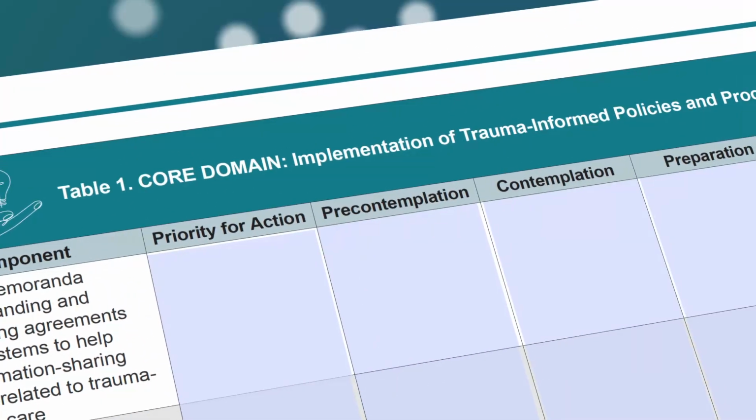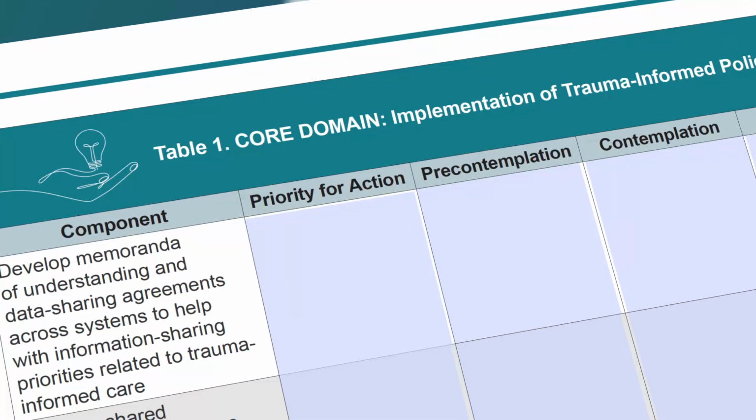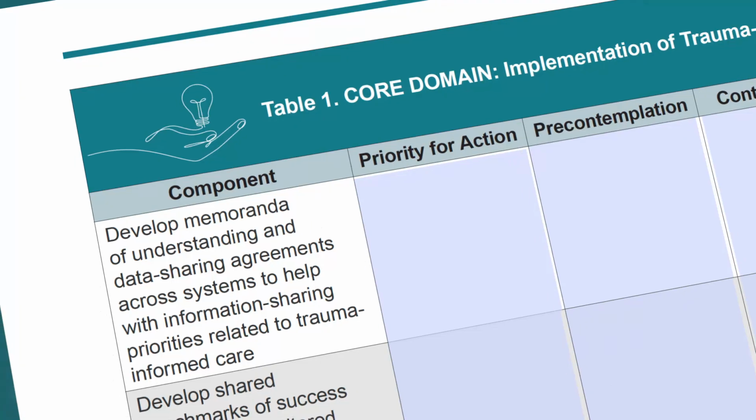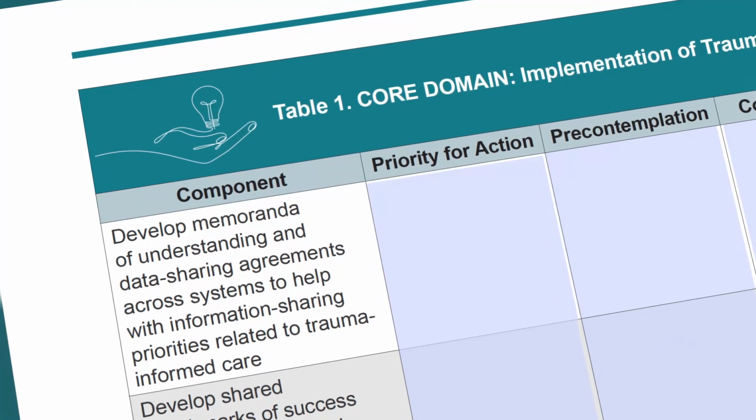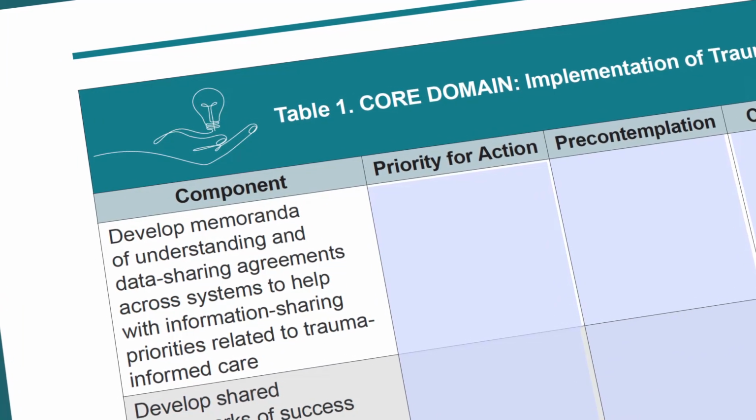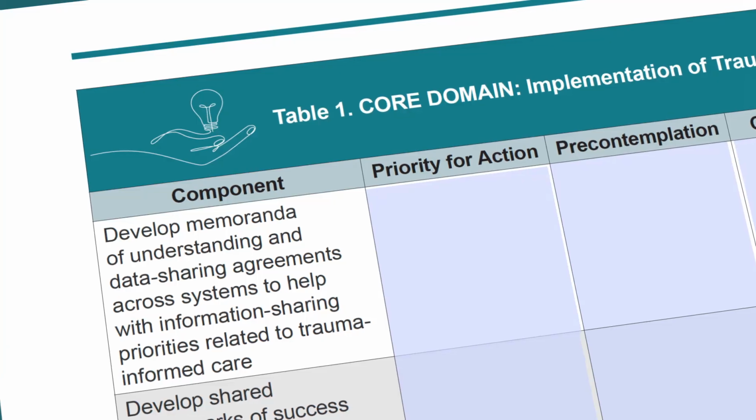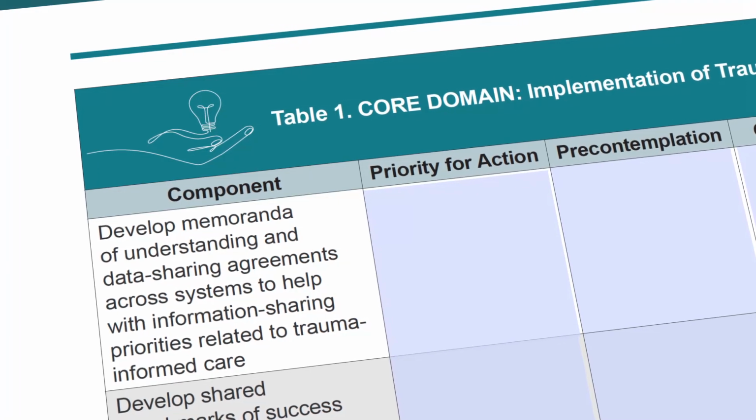Once teams determine their level of readiness, they may place a brief statement explaining current actions within the corresponding field of the table provided. For example, in Table 1, implementation of trauma-informed policies and procedures, one of the components to this domain is develop memoranda of understanding and data sharing agreements across systems to help with information sharing priorities related to trauma-informed care.